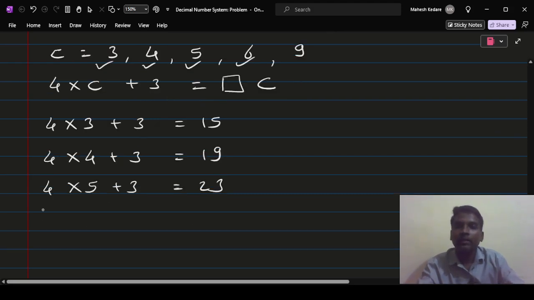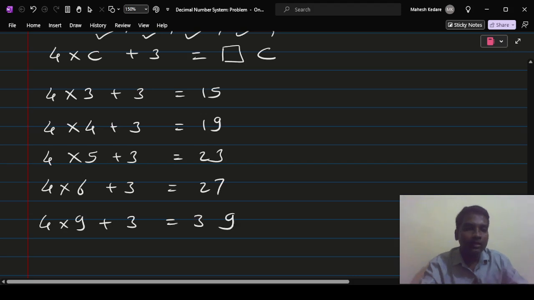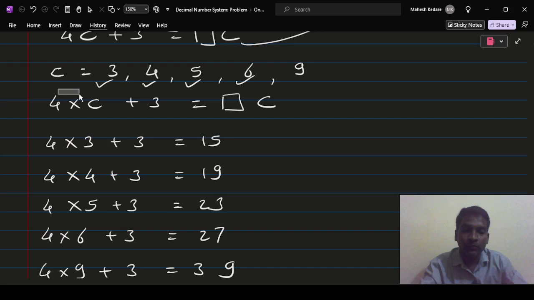When taking 6 for C, it gives us 27. And when it is 9, it gives us 39.